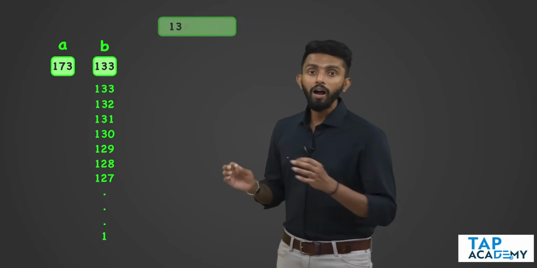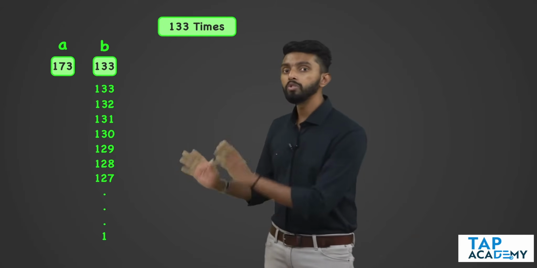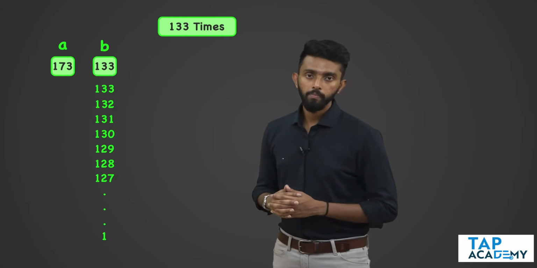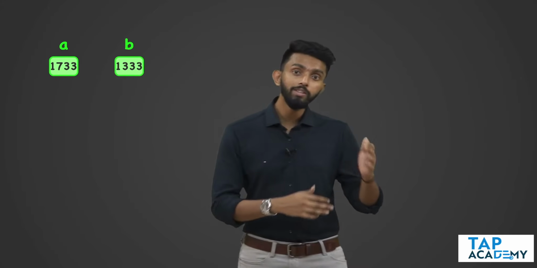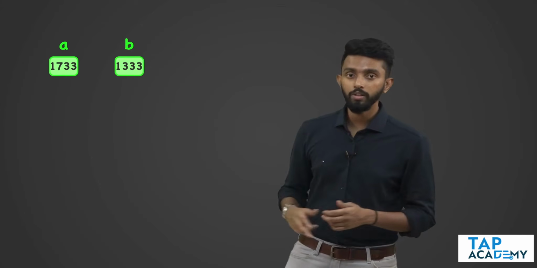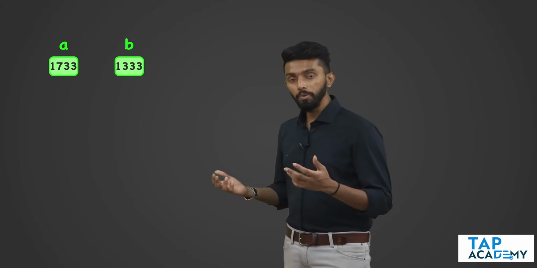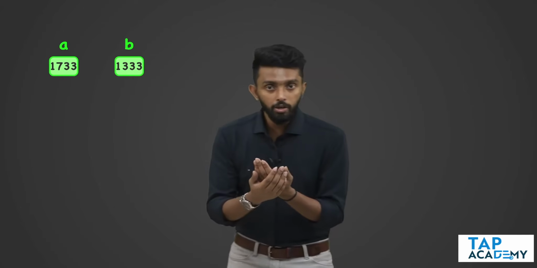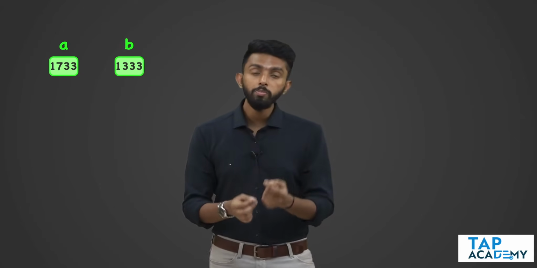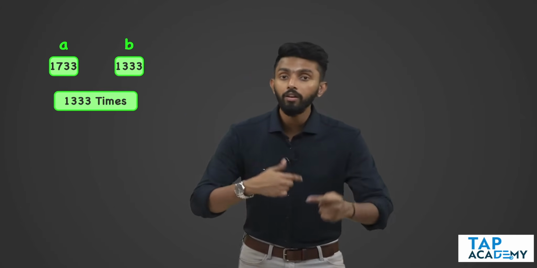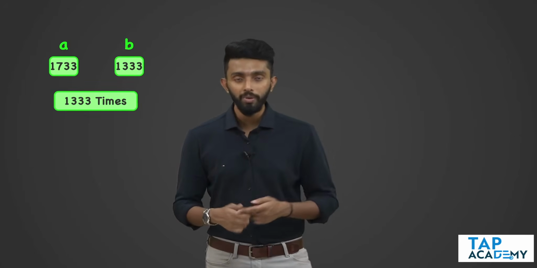And hence 133 times you would have executed it. If in case it was 1733 and 1333, if these were the numbers, the minimum number is 1333, then obviously there is no common divisor between both of them except 1, which means 1333 times your loop would have executed.